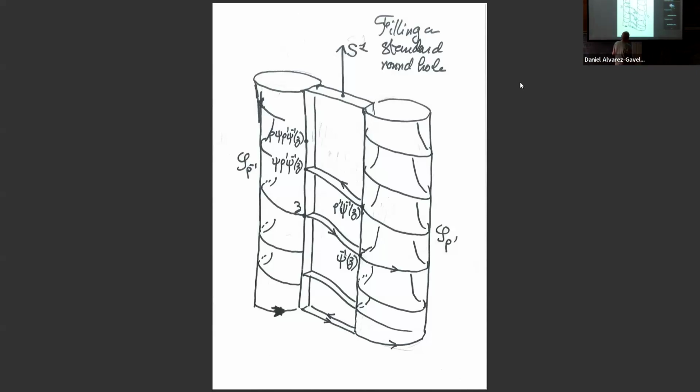And then when you make a turn around the boundary of the union, you apply rho prime followed by psi minus 1, followed by rho, followed by psi. Maybe I'm not completely right in the signs, but the global monodromy, the first return map on a vertical when you do a complete turn, is just this.